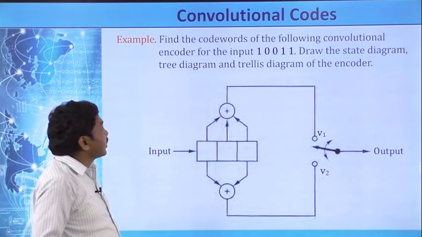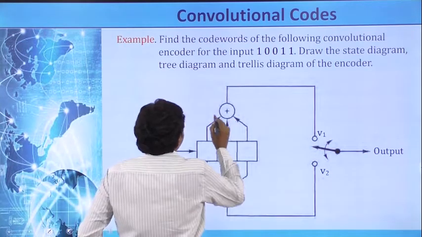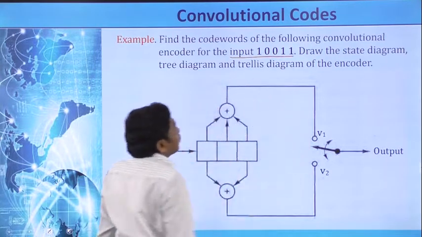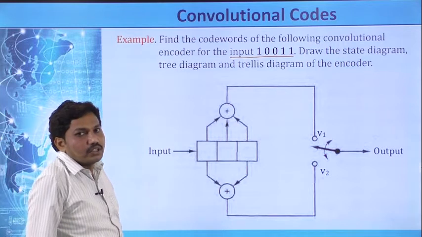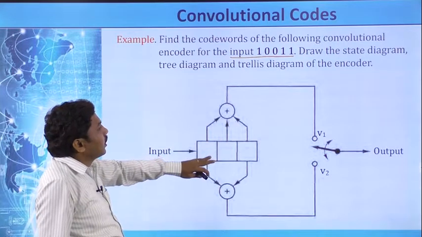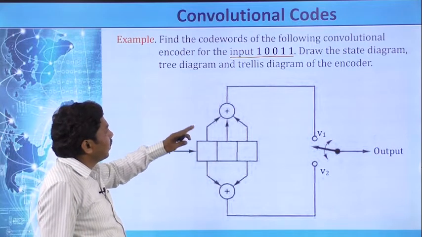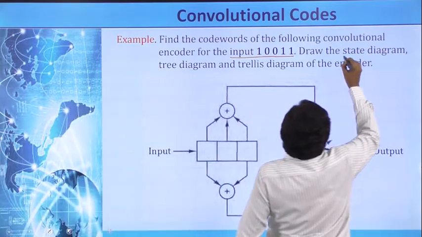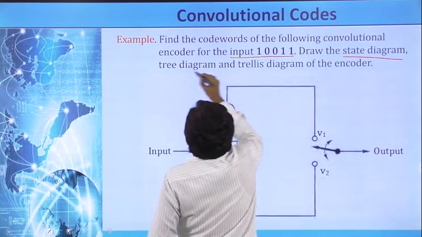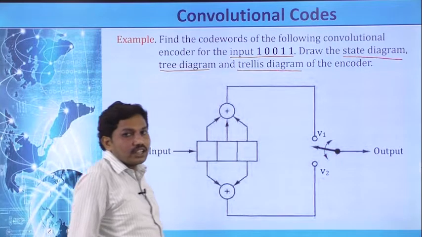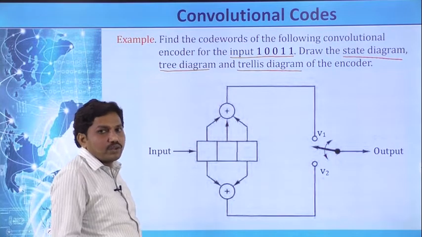So let us consider a simple example. It is a convolutional encoder. The input is 10011. So for this convolutional encoder, we want to calculate the output of the encoder and draw the state diagram, tree diagram, and the trellis diagram. So these are the four models of the encoder.